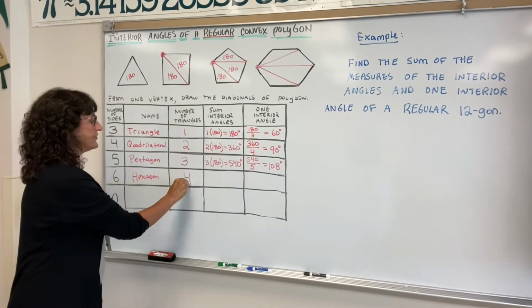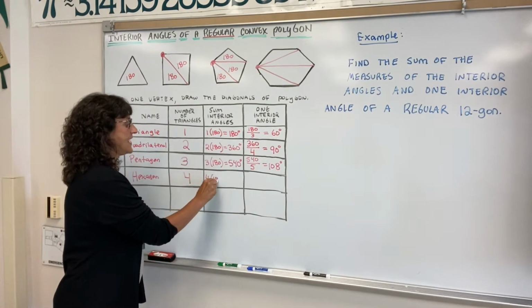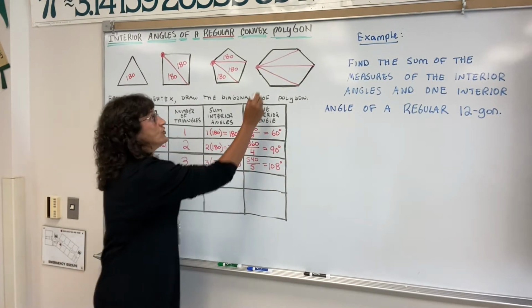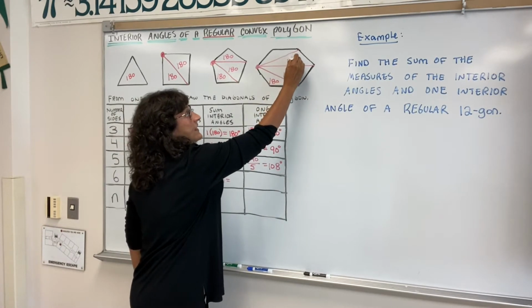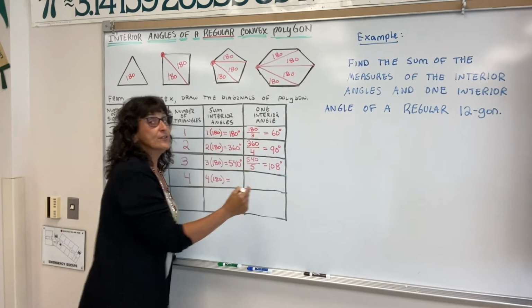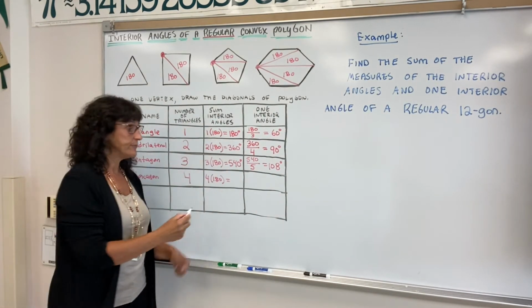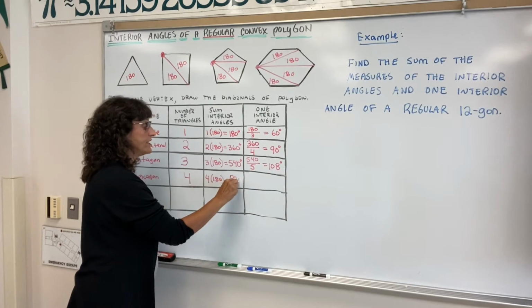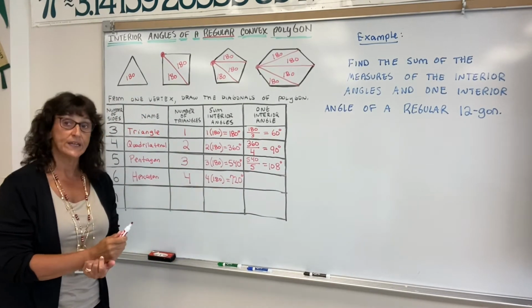Each of these 4 triangles contains 180 degrees. So the angles of a hexagon, 4 triangles times 180, is 720 degrees. Angles of a hexagon always add up to 720 degrees.